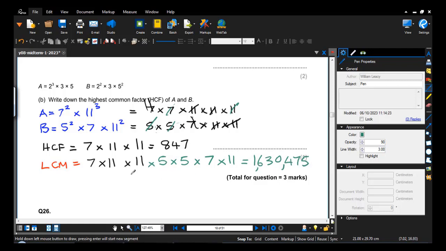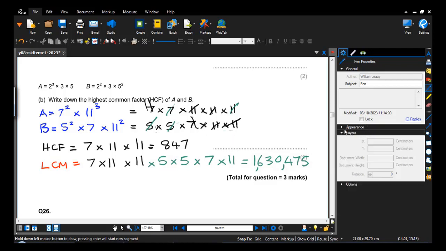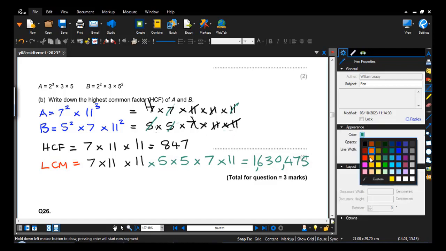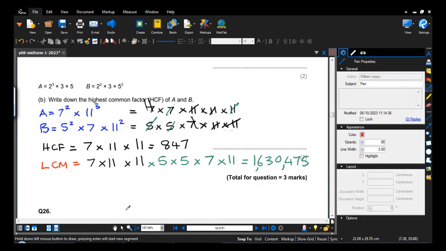Now, if they ask you to put it in index form, the top line would be, for the HCF, you're going to have 7 times 11 squared.